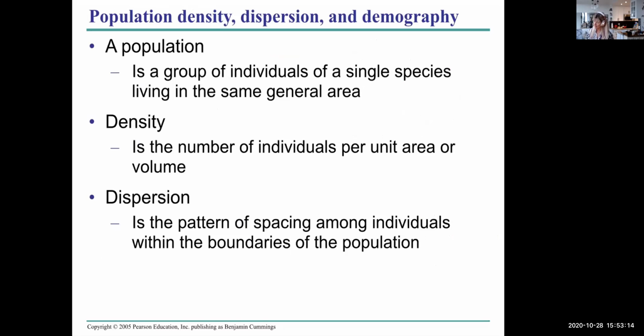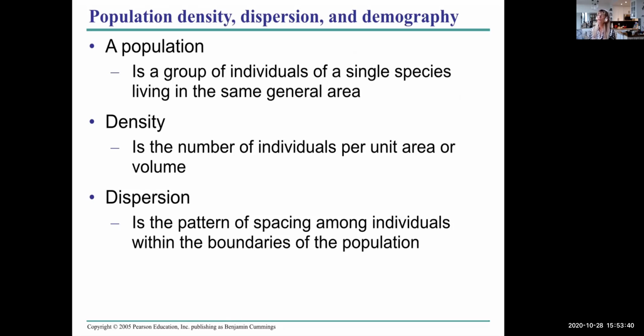What is a population? A group of individuals of a single species living in the same general area in which they are likely to breed. If they're geographically dispersed, even if they're the same species, then they're not the same population. And it is the researcher or the observer that decides what that area is.